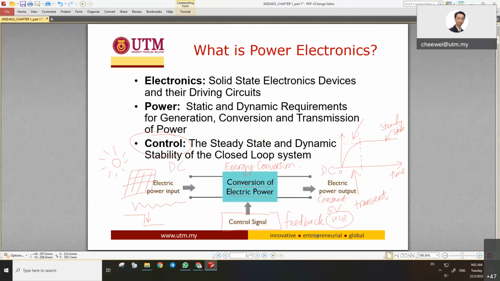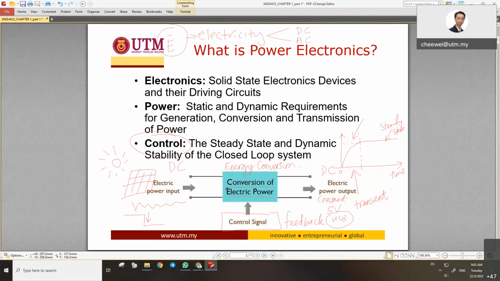USB uses 5 volts. So DC is a form of electricity, correct? What is electricity? Electricity can be in DC and AC. So what is electricity? Electricity belongs to energy.